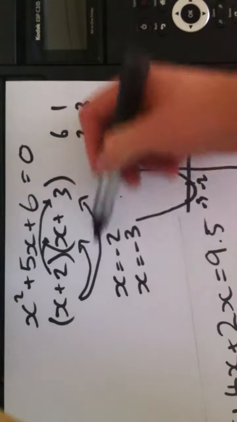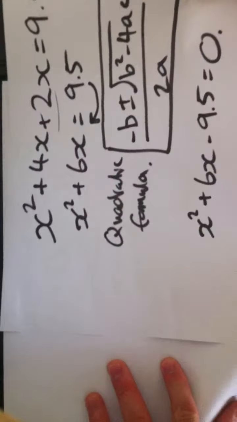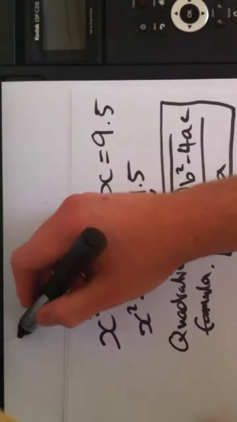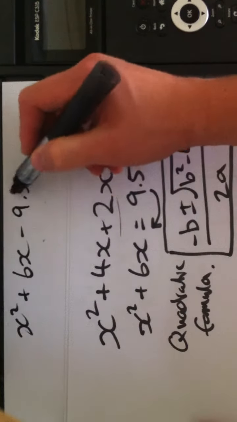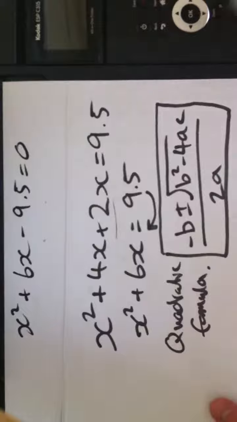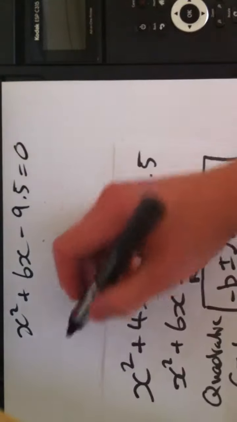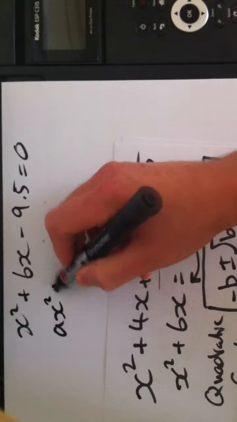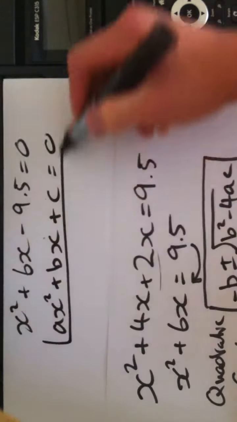But we can do it an easy way, because we can just do it that way, and we can see it come out straight away. We don't have to go to this effort. But in this case we have x squared plus 6x minus 9.5 equals 0. We've got a, b and c in our formula, and that refers to ax squared plus bx plus c equals 0.